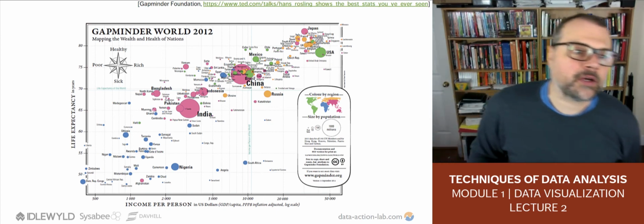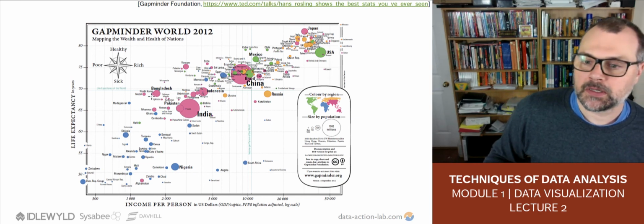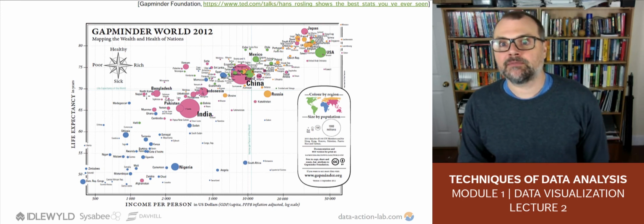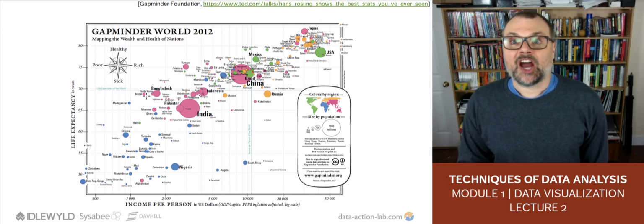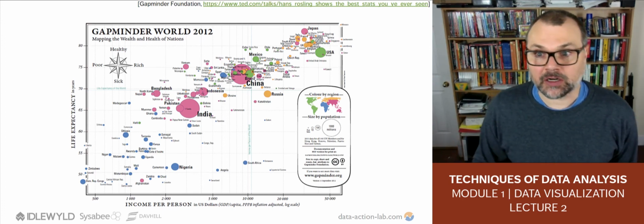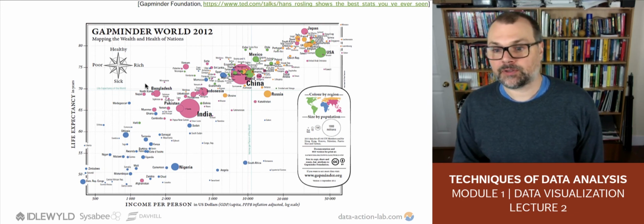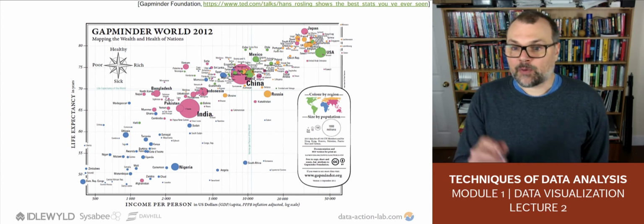But if I look at the numbers for, say, North Korea, which is right here, I don't know that I would have an easy time believing these numbers. They could very well be true, but how do the authors of this chart come up with numbers that they trust?